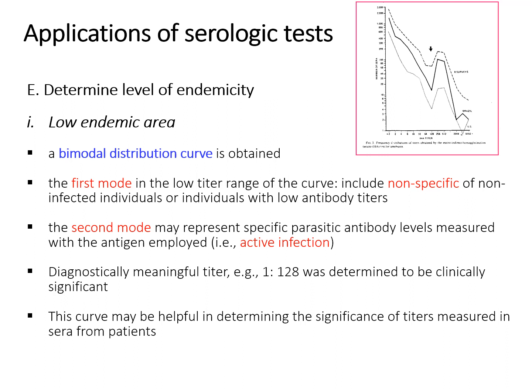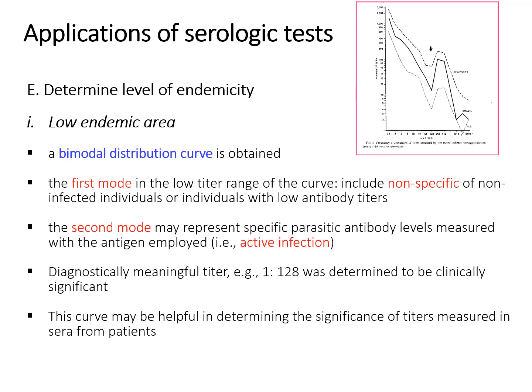So in this case, the test can actually detect the infection at a higher level, which we can consider as active infection. So the shape of the distribution helps us to establish a diagnostically meaningful titer for this population.